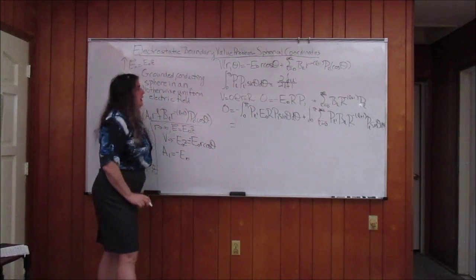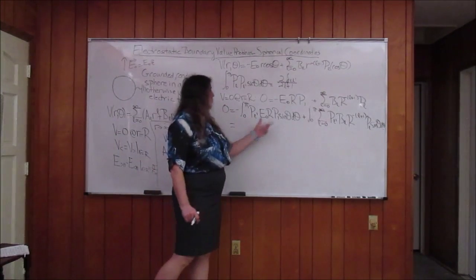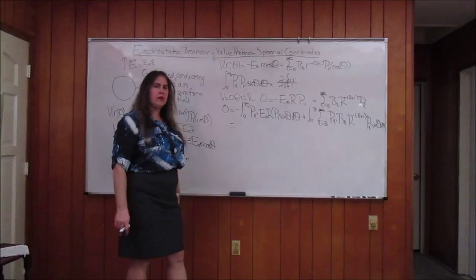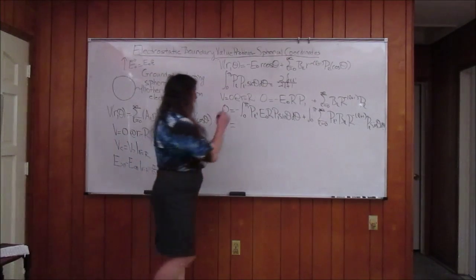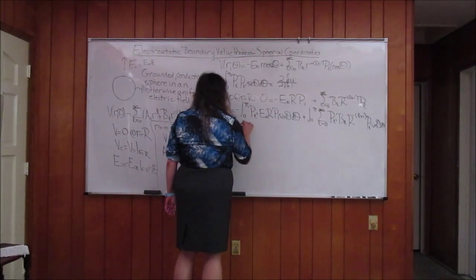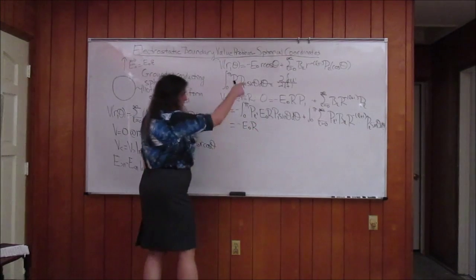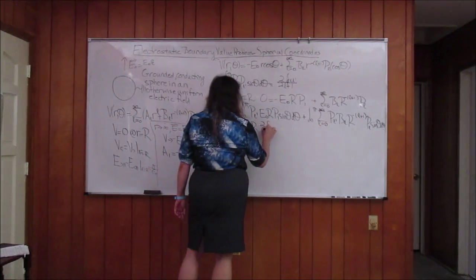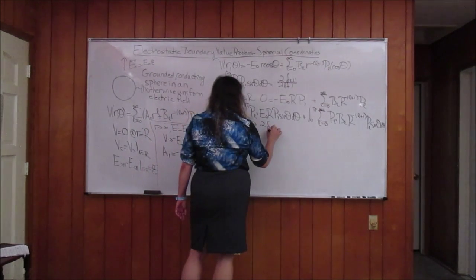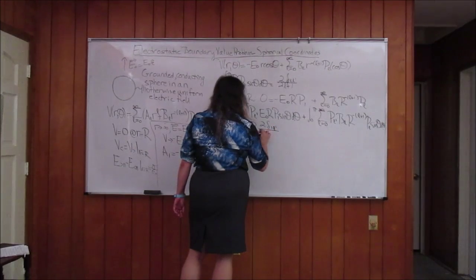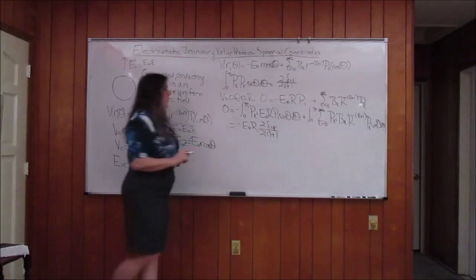Because of the orthogonality, when I integrate from 0 to pi over the product of the two Legendre polynomials, I'm going to wind up with minus E naught r times 2 Kronecker delta 1 L prime over 2 times 1 plus 1.